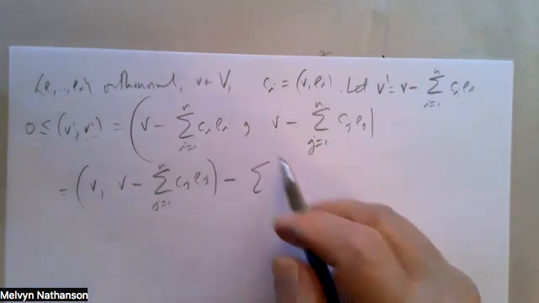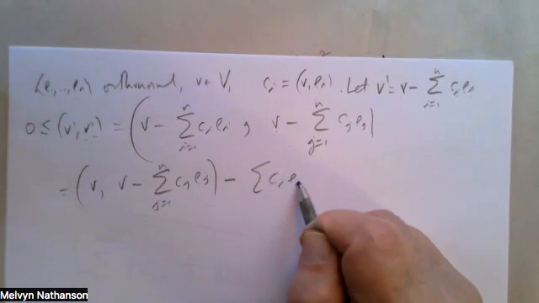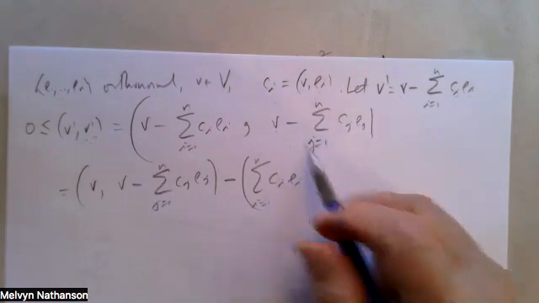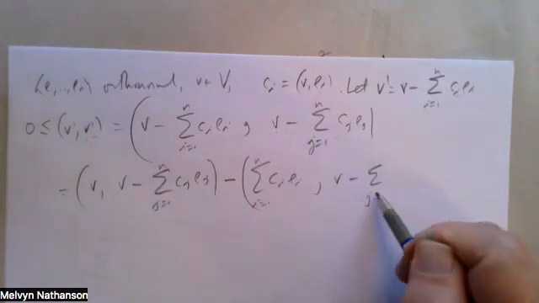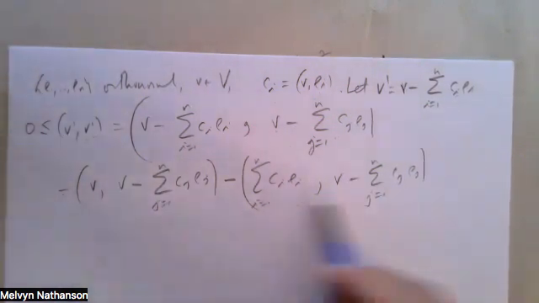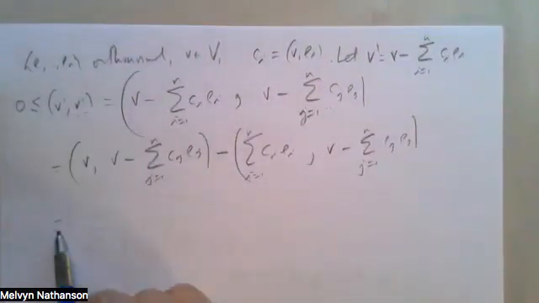Minus the summation ci Ei, i goes from 1 up to n, inner product with this. And then I can again expand this by bilinearity.